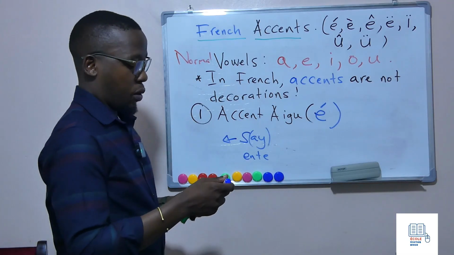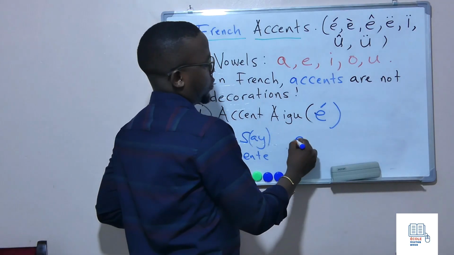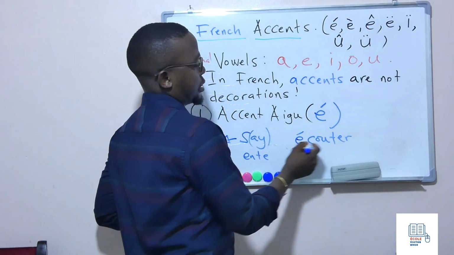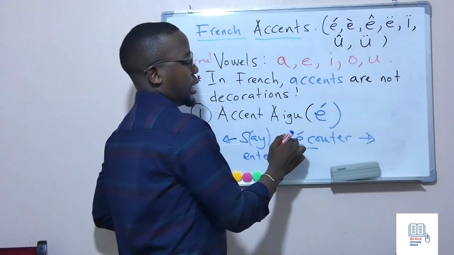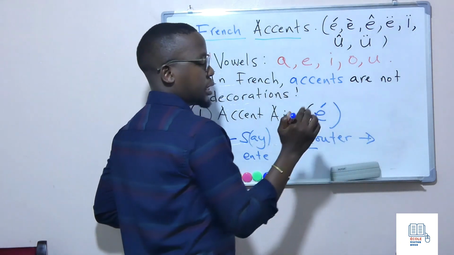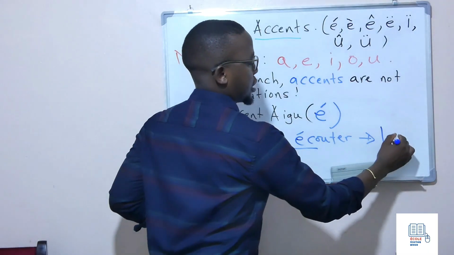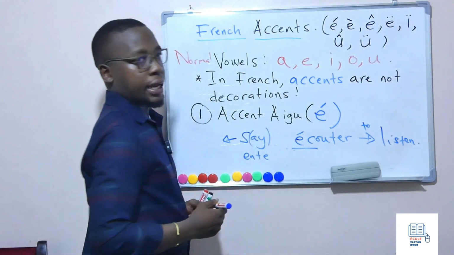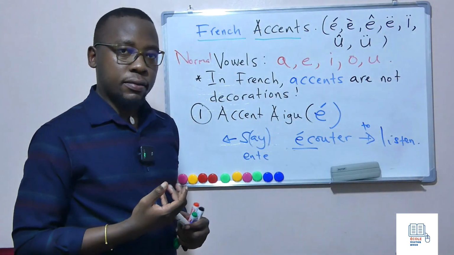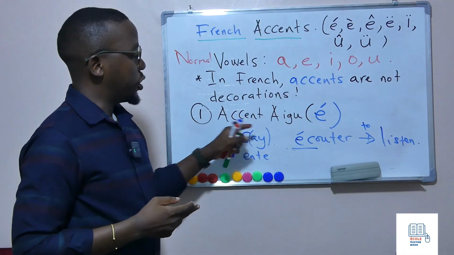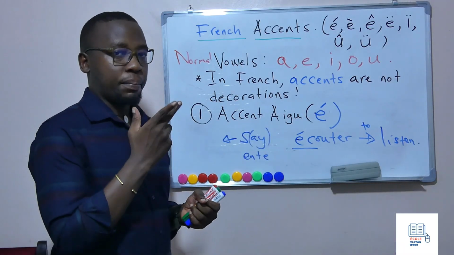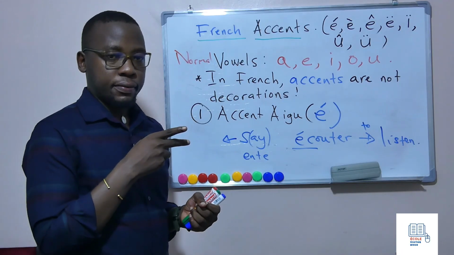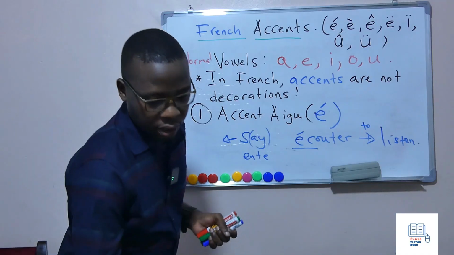For example, the word écouter, écouter, which means to listen. So the accent aigu. Aigu means sharp. In Luganda they say egumiza. It is very sharp.